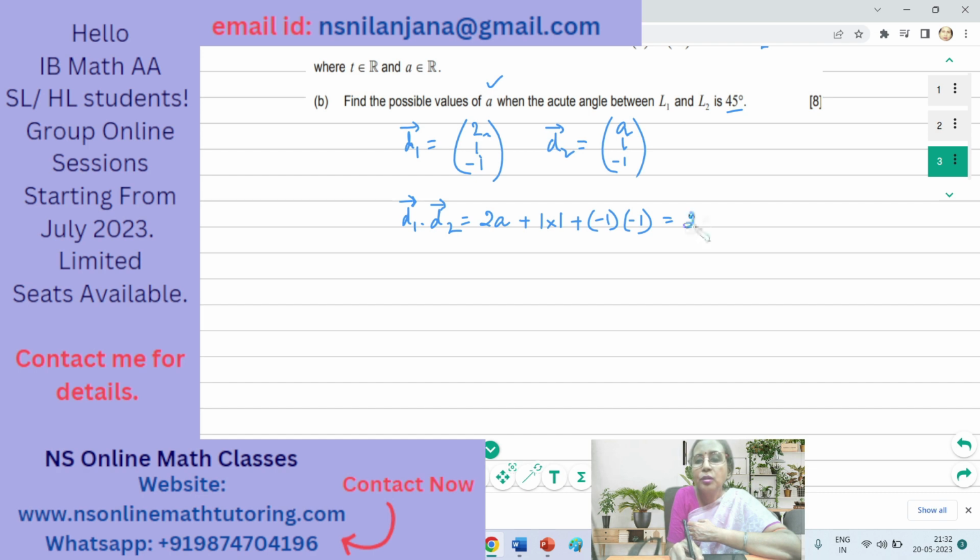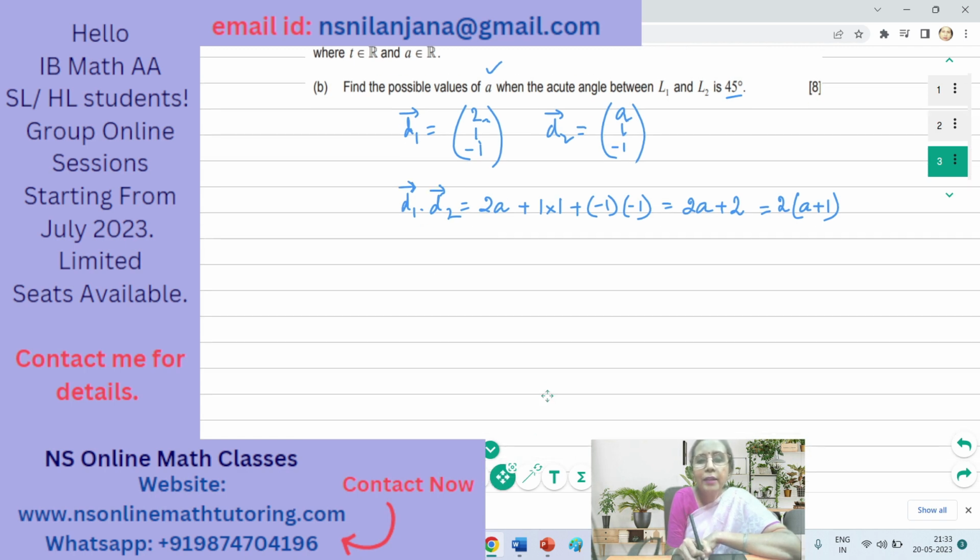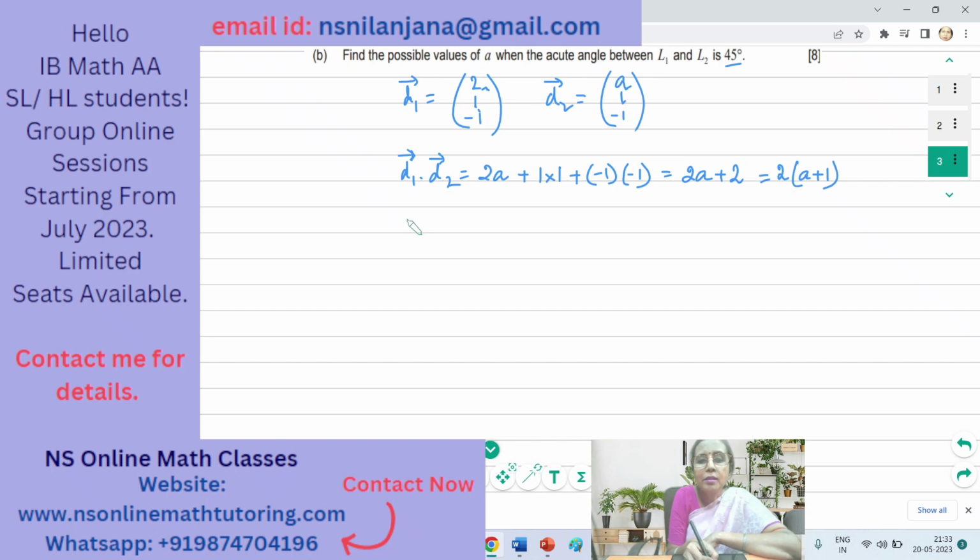So it is 2a plus 1 plus 1, which is 2a plus 2. You may keep it as 2a plus 2. Fine. Now we get the modulus.